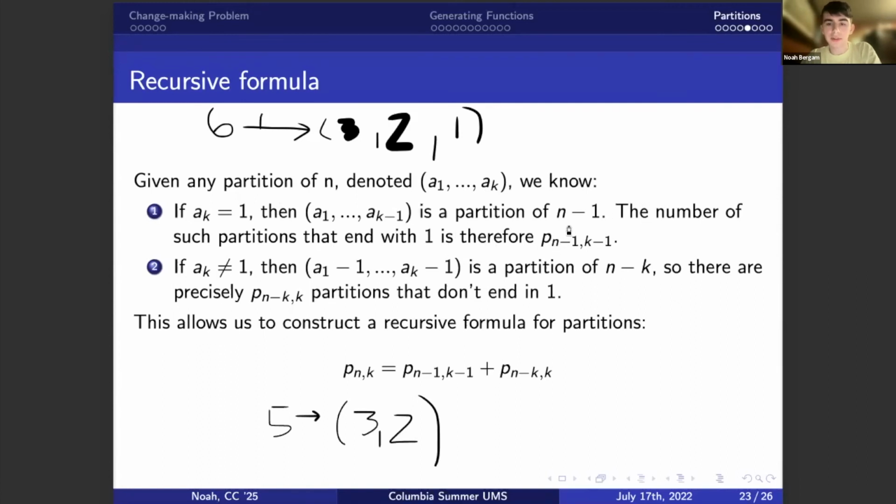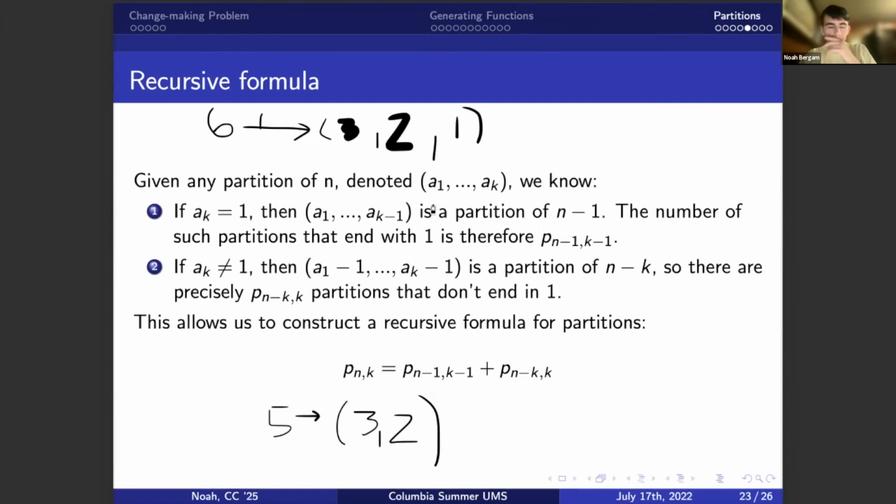And since we can create all partitions of n-1 using this formula, assuming we have all of the partitions of n, then what this allows us to do is essentially say that the number of partitions of n that end with a_k as 1 is p(n-1, k-1).